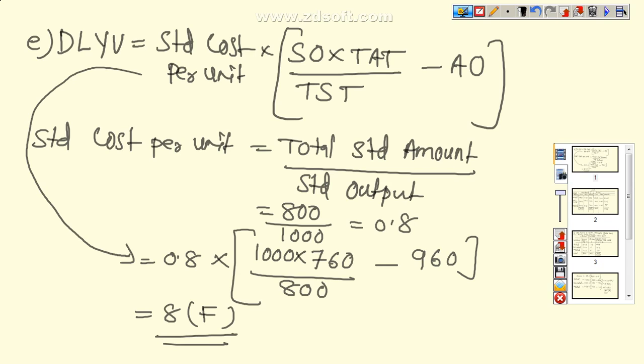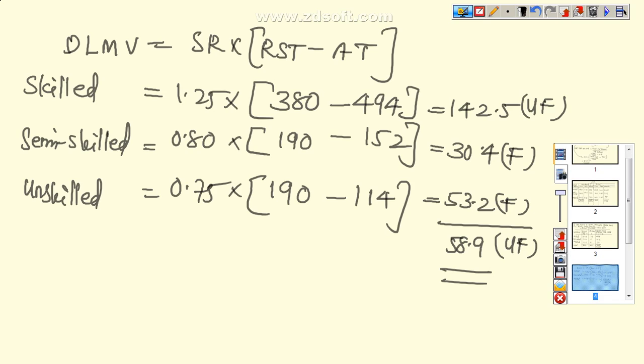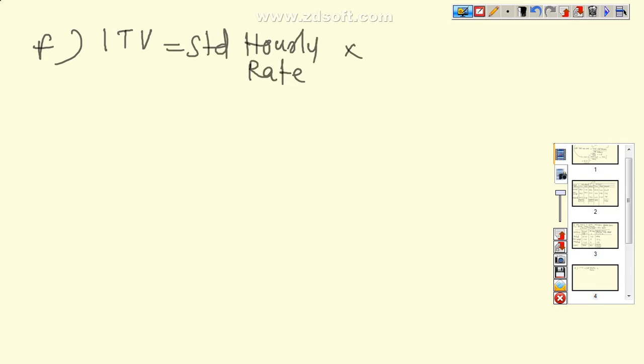And if the idle hours are given in the question, we have to calculate idle time variance, which is standard hourly rate multiplied by idle hours.